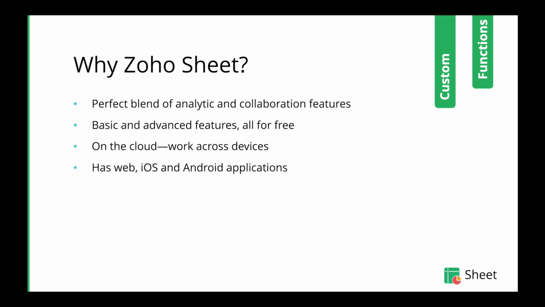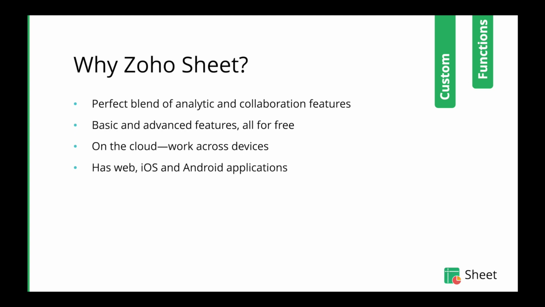So why Zoho Sheet? For those of you who are not using Zoho Sheet yet, Zoho Sheet is an online spreadsheet application that gives you a perfect blend of analytical features such as functions, charts, pivot tables, and collaboration features such as sharing, real-time collaboration, commenting, etc. And all these basic and advanced features are provided for free.